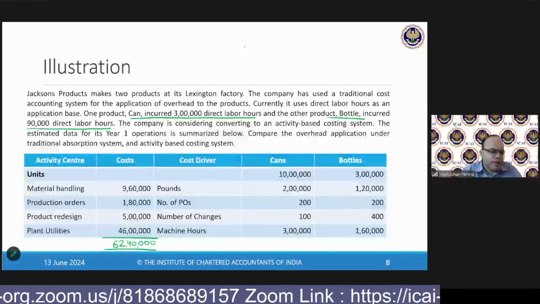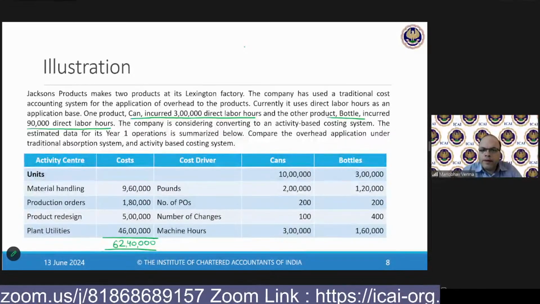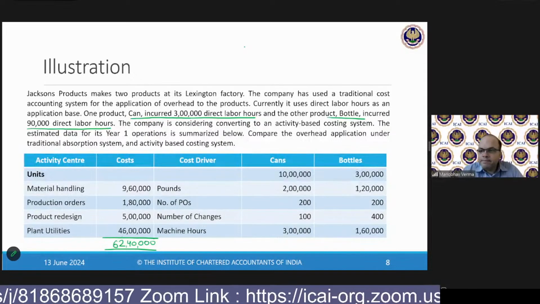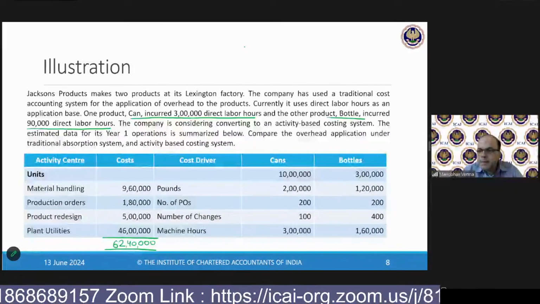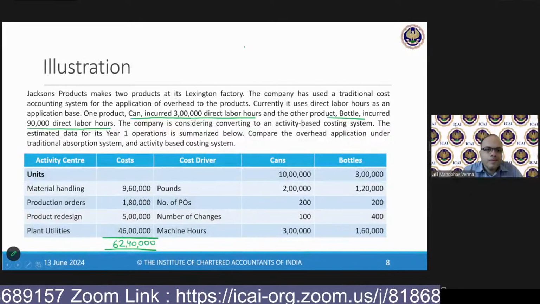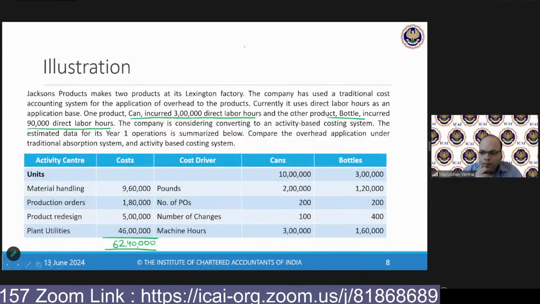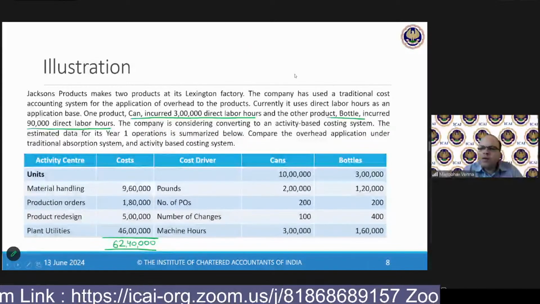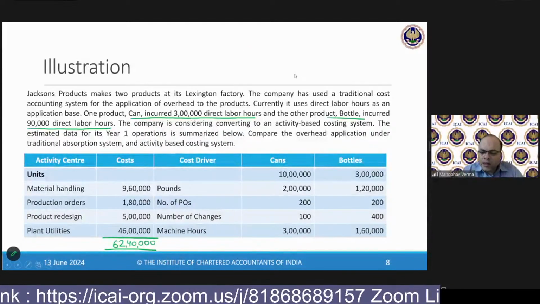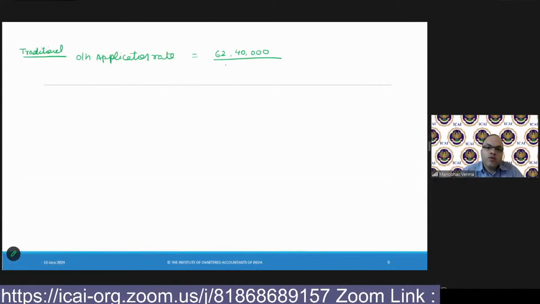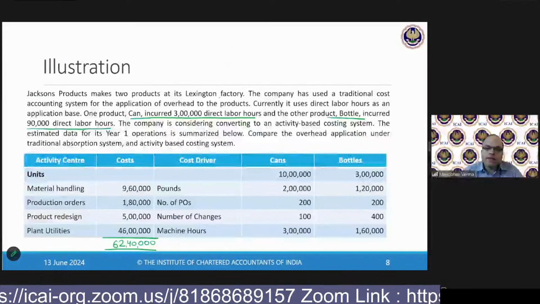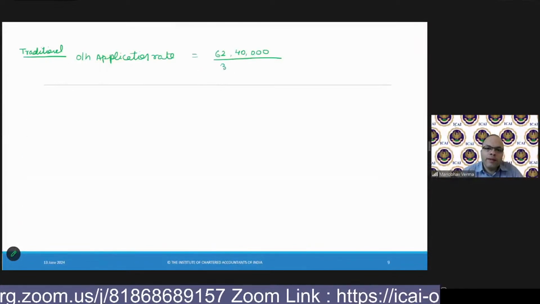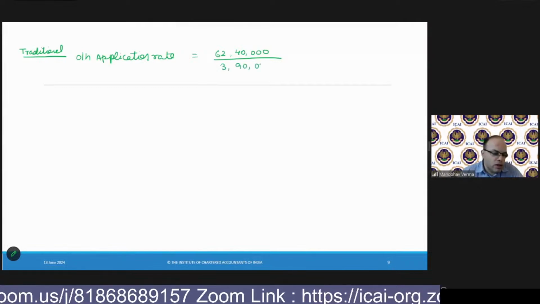Let's see what answers I'm receiving here. Now, this is something we did on Tuesday. My denominator should be total labor hours. So that means 3 lakhs plus 90,000. That's what is given to us for both the products here. 3 lakhs for cans and 90,000 for bottles. So it will be 3 lakhs 90,000.